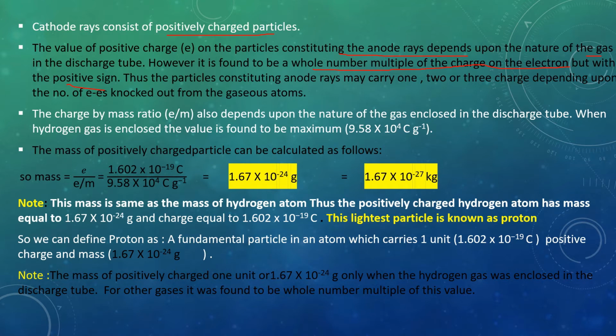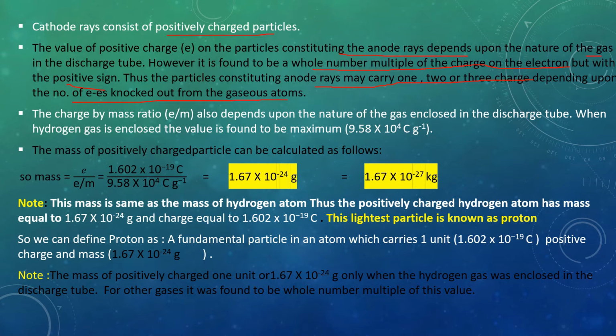If two electrons are given out, then the positive charge is 2 times that of the electron, and if 3 electrons come out, then the charge is 3 times that of the electron. Thus the particles constituting anode rays may carry 1 unit, 2 unit or 3 unit charge depending upon the number of electrons knocked out from the gaseous atom.